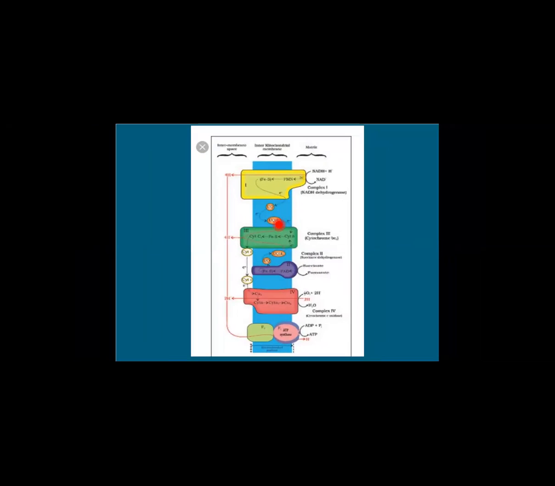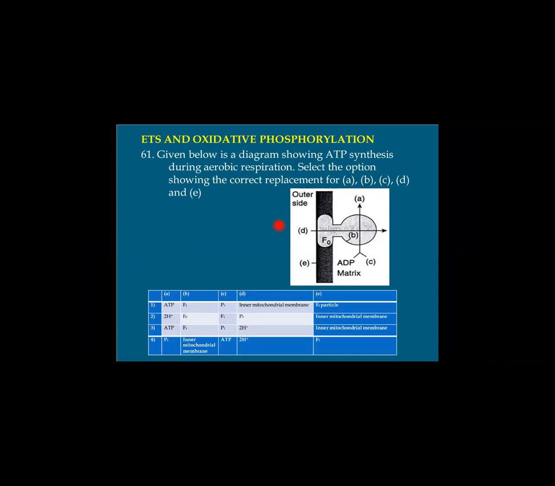Now I'll go back to the questions. Given below is a diagram showing ATP synthesis during aerobic respiration. Select the options for A, B, C, D. What is A, students? ADP combines with inorganic phosphate to produce ATP, so A is ATP. B is the F1 component of the ATPase complex.